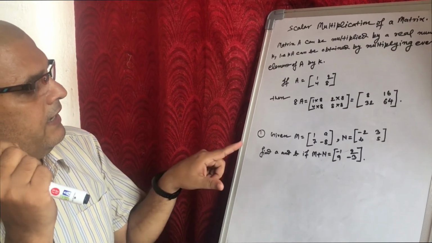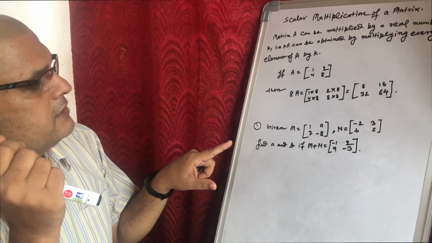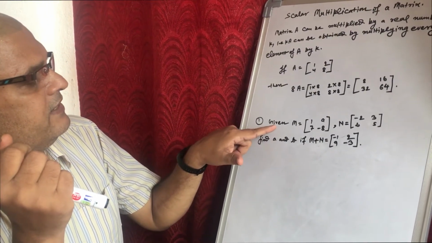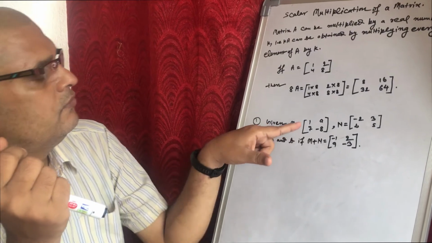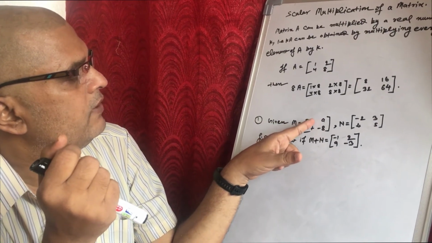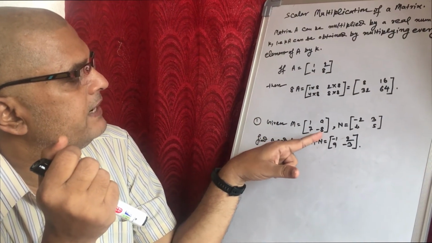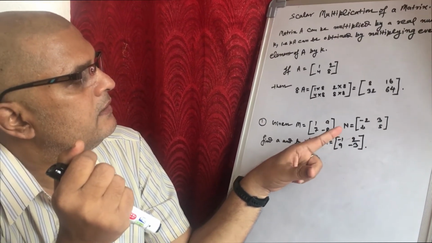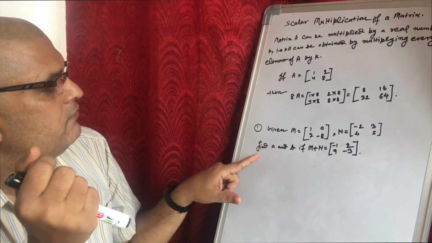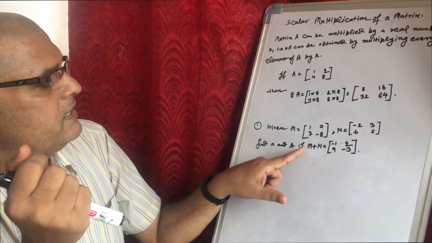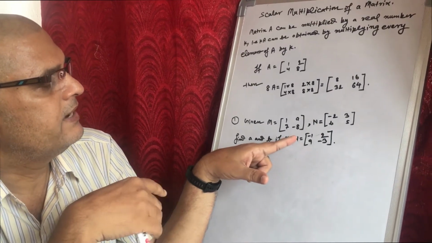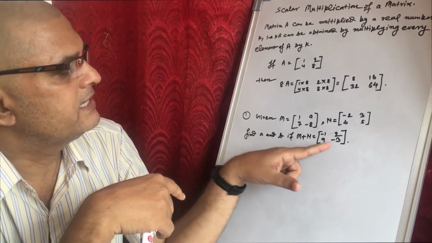Now taking one example and solving this problem. It is given M is equal to this matrix 1, a, 7, minus 8, and N is minus 2, 3, b, 5. Find the value of a and b if M plus N is equal to this matrix and its elements are minus 1, 2, 9, minus 3.